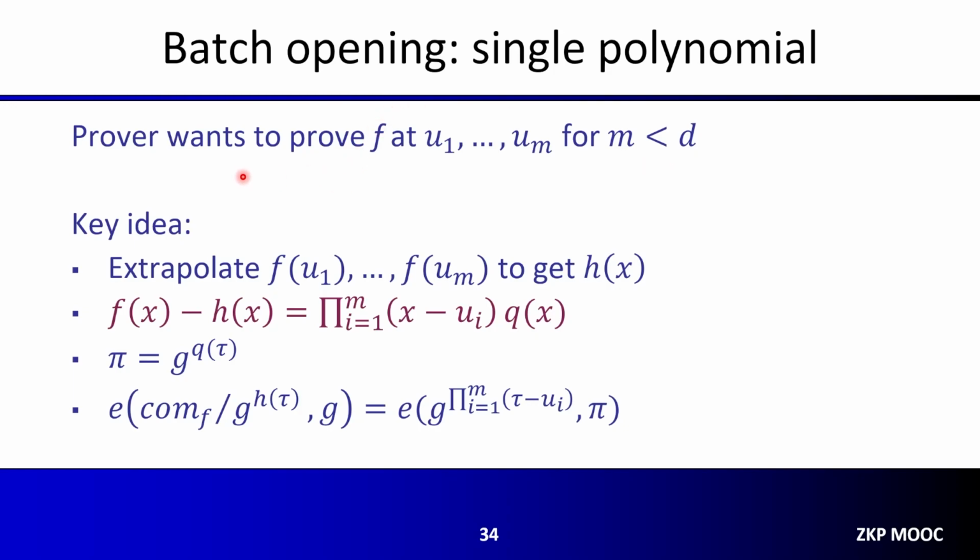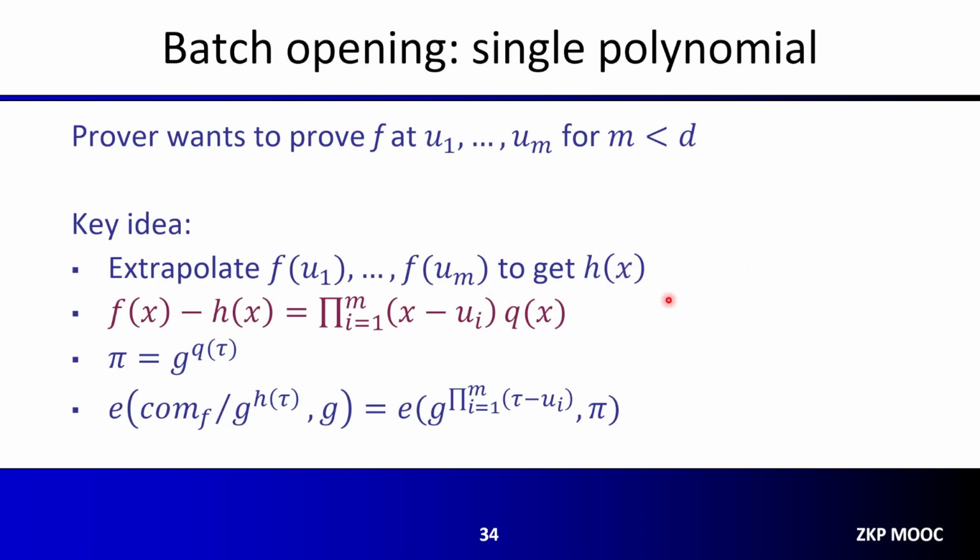So the key idea to generate a short proof for these multiple evaluations is that we can actually extrapolate the evaluations f(u1), f(u2), all the way to f(um) to get a polynomial h of x. The property of this h of x is that h(u1) should equal f(u1), h(u2) should equal f(u2), and so on and so forth, and h(um) should equal f(um).